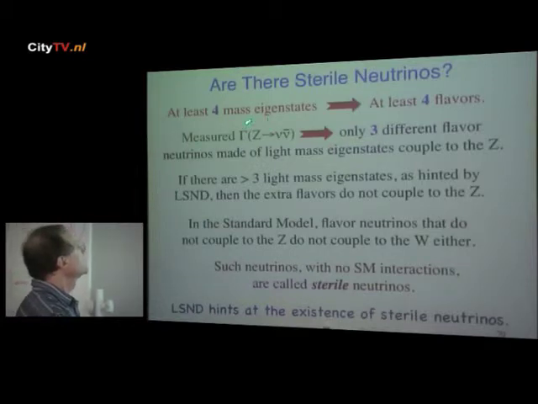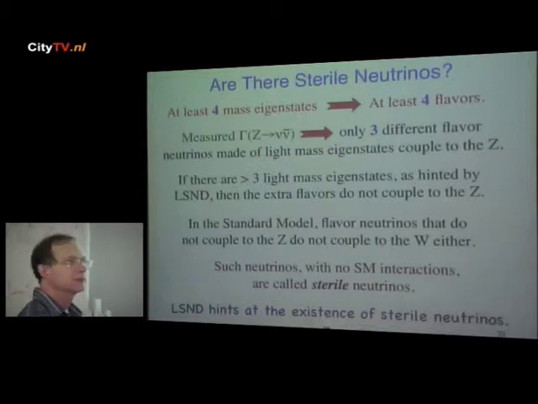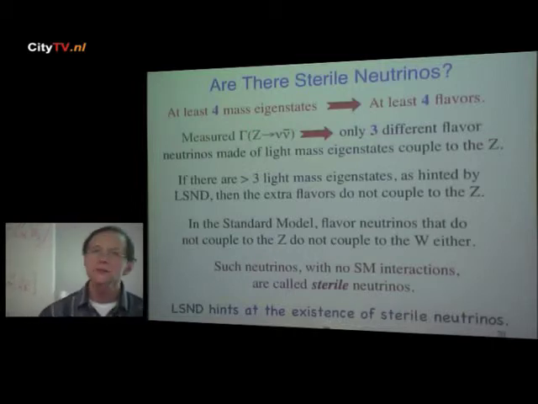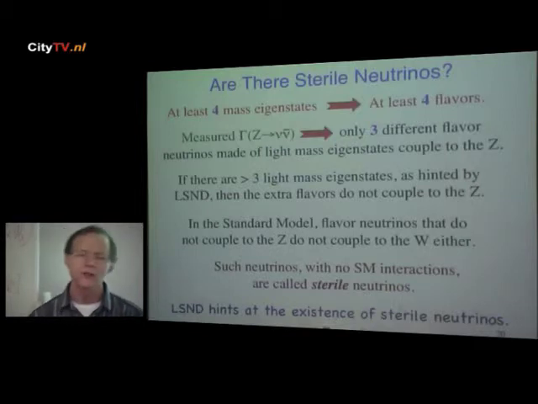Now, from measurements of the invisible width of the Z boson at LEP, we know that when it decays to neutrino pairs, it only decays to 3 different neutrino flavors made up out of light mass eigenstates. The invisible width has been measured, and it has been translated into the number of neutrinos that the Z decays into, and the answer is something like 2.98 plus or minus 0.02, which sounds suspiciously like 3.